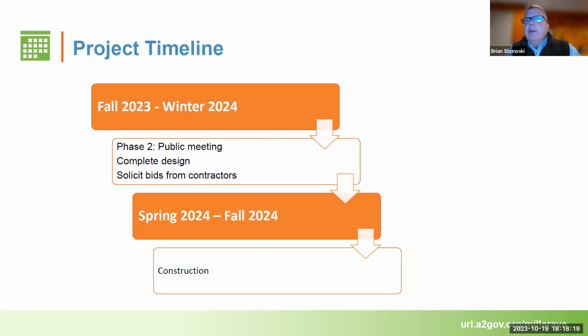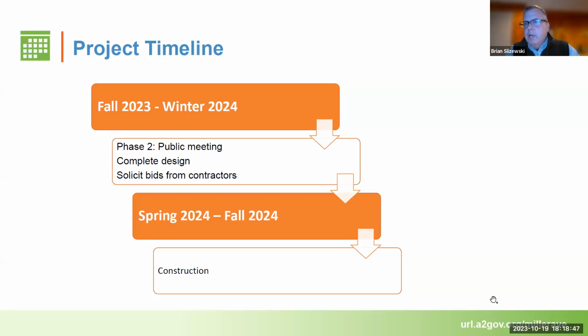So where we are right now, we are absolutely in a fall day, fall of 23 into winter of 2024. We will be working on completing the design. The phase two portion of the project, which is really the cycle track focus, there will be another public meeting for that shortly after the first of the year.